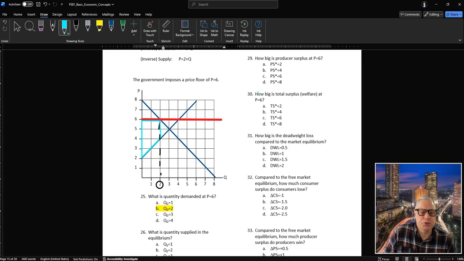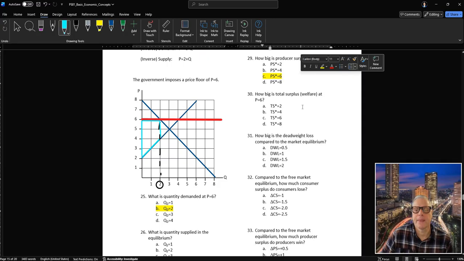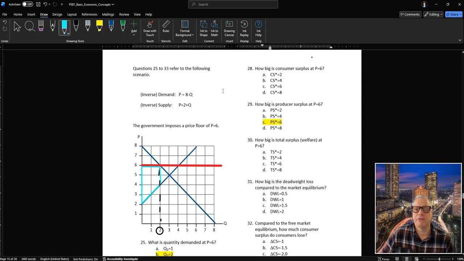And you can see this is 1, 2, 3, 4. And then we have a triangle, so that is 6. So this blue area is 6. How big is total surplus? Oh, I forgot, there is also the consumer surplus.